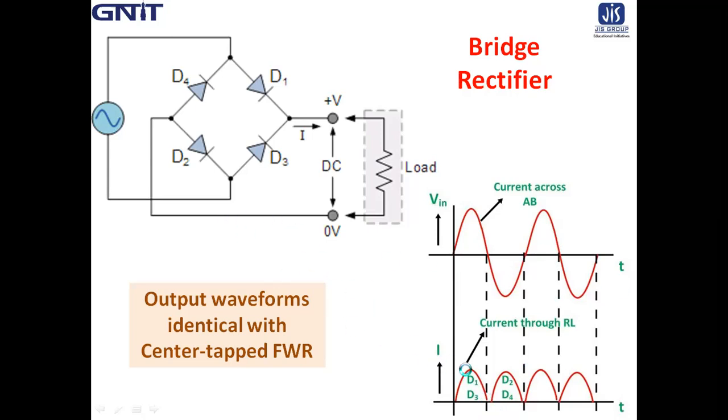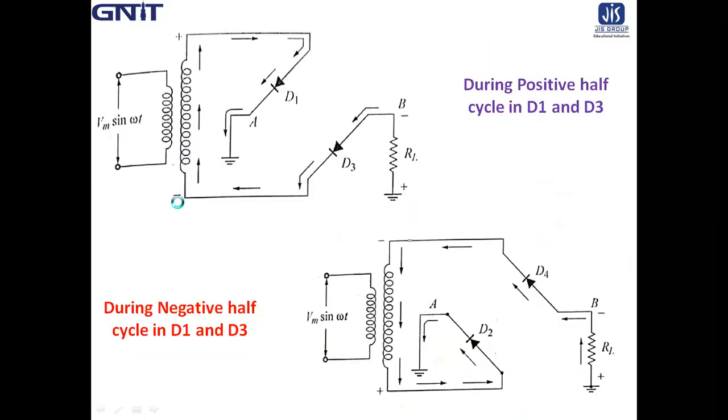Now see, during the positive half cycle of the secondary voltage, this end is plus and this is minus.